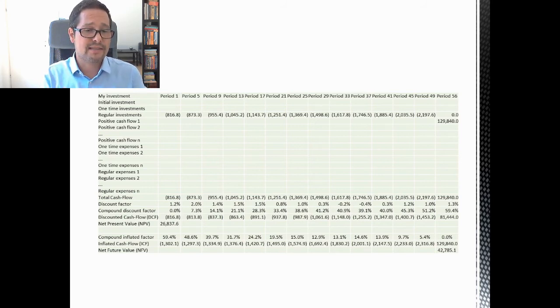The 816.8 will then become minus 1302, and you also add all the values, and you get to this 427,785.1, which is the current value of my investment, let's say, or I call it here the net future value.